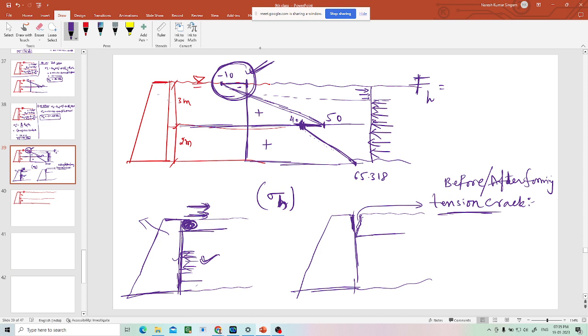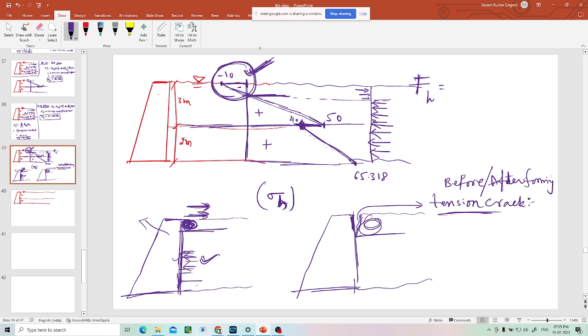If it is after formation of the tension crack, you have to neglect this because this much force is not applied now. So only this positive force is applied. You have to neglect that tension completely. This is called the tension zone. Neglecting it is nothing but after formation of the crack.